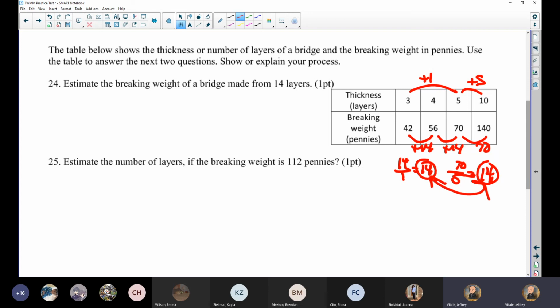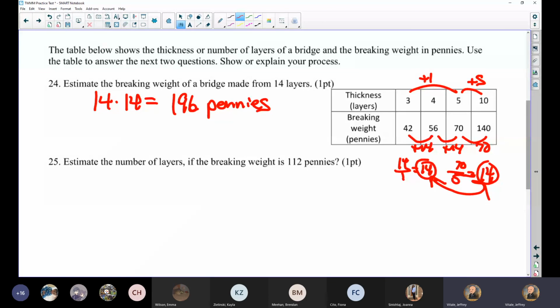Every time we increase the thickness by a layer, it takes 14 pennies, or the weight of 14 pennies, to break it. So for 14 layers, you just take 14 layers. We know that the weight is 14, right? 14 times 14 is how many pennies it takes to break it.